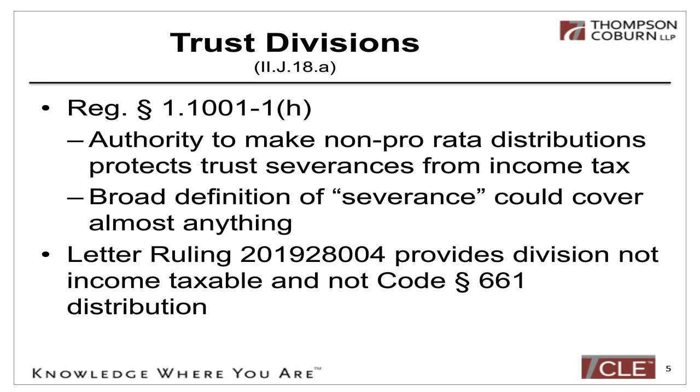And some severances do not. But then they have a whole list of examples. These are severances. And some are qualified severances and some are not. And 1.1001-1(h) says that we're going to protect severances whether they're qualified severances or not.